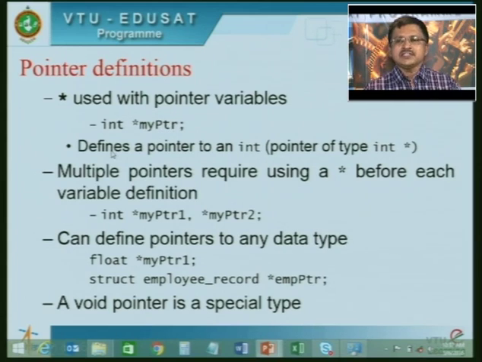Basically, what you are instructing the compiler using this syntax is defining a pointer which points to an integer, a pointer of type int star. If I have to declare multiple pointers, each variable name has to be prefixed by a star. So, if I want to declare two pointer variables, my_pointer1 and my_pointer2, I need to put a prefix of star here, and a prefix of star here as well.